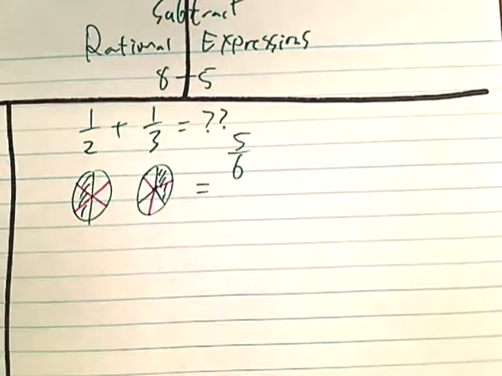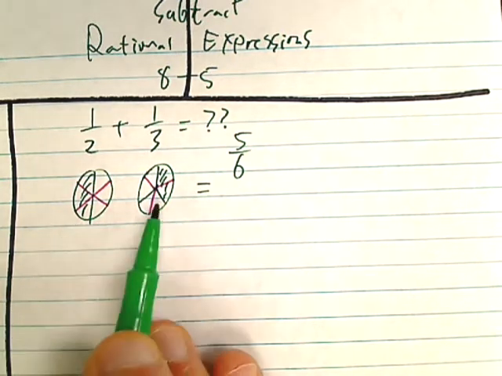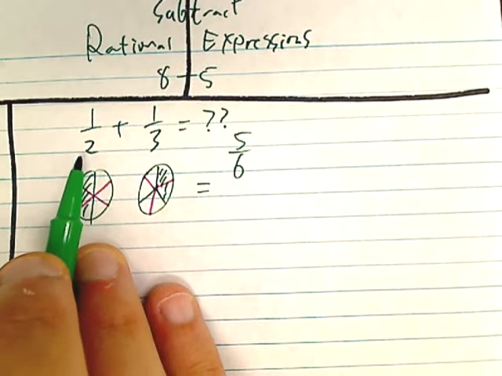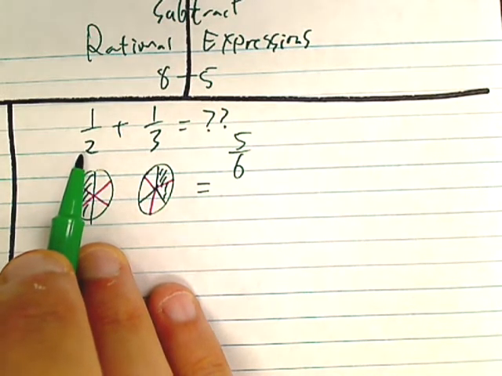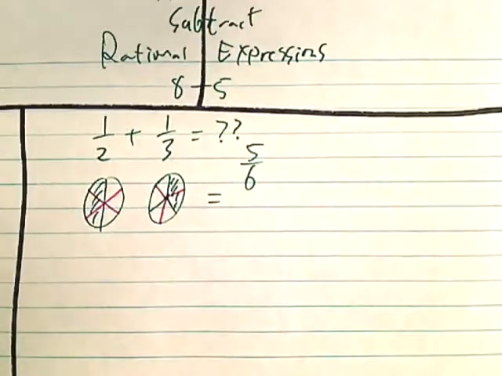I was about to write 6 over 5. That's crazy. So when we're adding and subtracting any fractions, they have to have a common denominator for this reason. Now we're going to have crazy denominators here. The denominators are going to be like x minus 3 and all kinds of other stuff. But ultimately, the denominators still have to be the same. That's what we're going to talk about in our notes here.